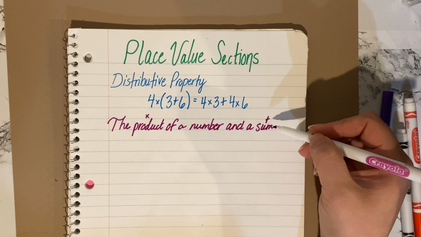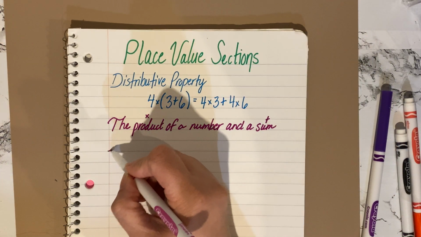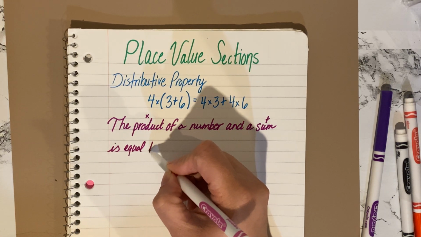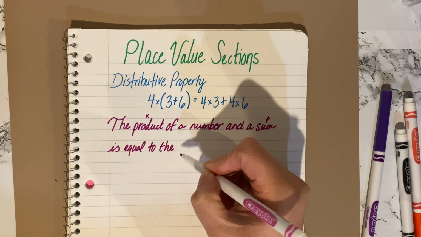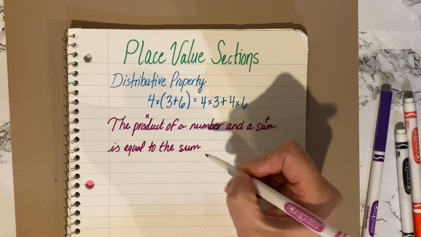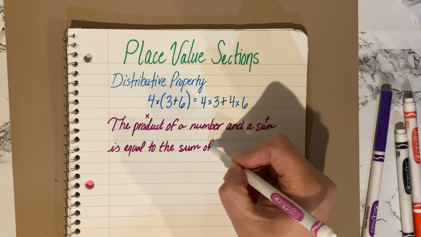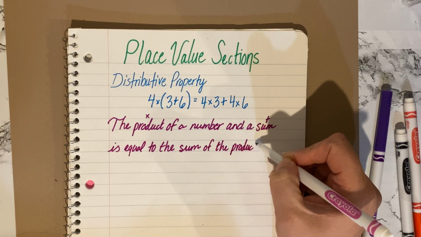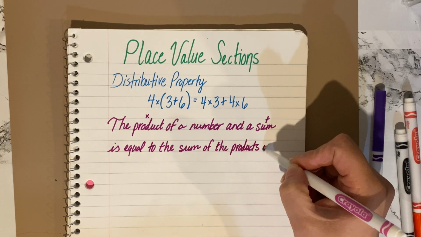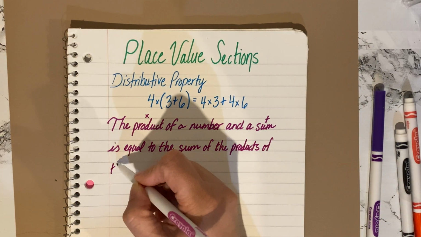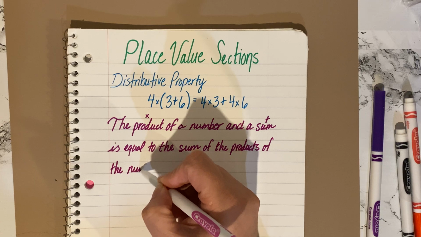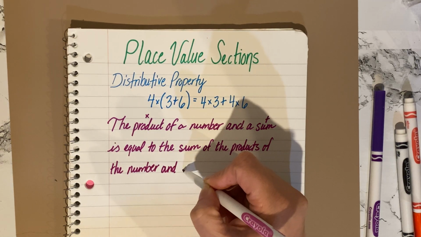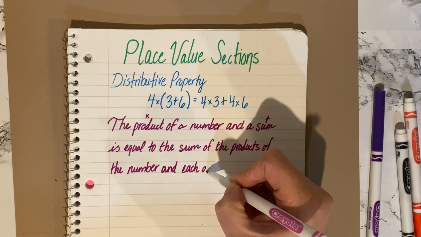The product of a number and a sum is equal to the sum of the products of the number and each of the add-ins.